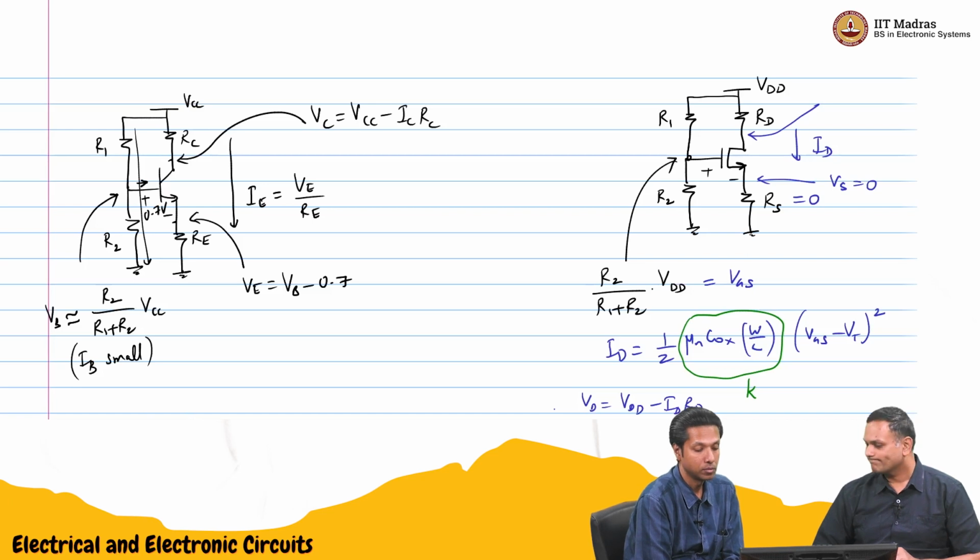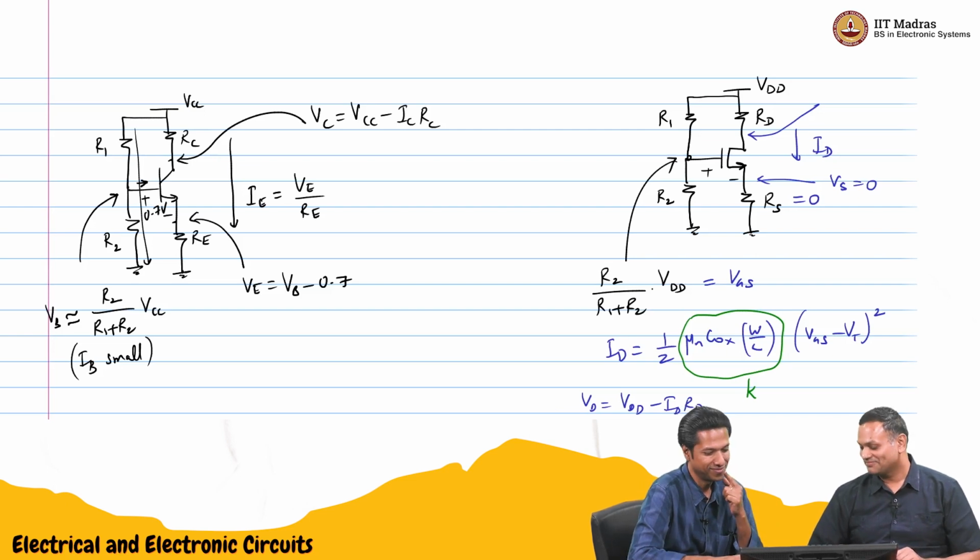So it will not exponentially reduce compared to the BJT circuit. In fact, you can also put RS. It is not so straightforward. You will have to solve a system of equations with one of them being a quadratic. It is also possible to do that.